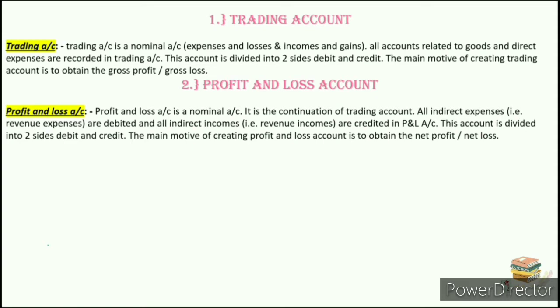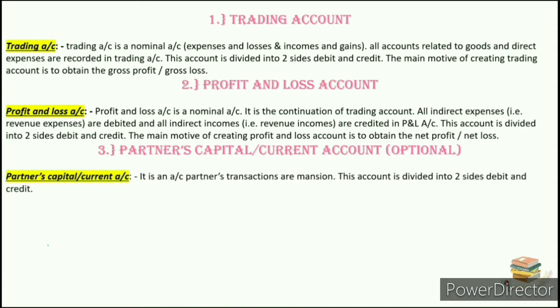This is also divided into two sides, similar to trading account, that is debit and credit side. The main motive of creating P&L account is to obtain the net profit or net loss.